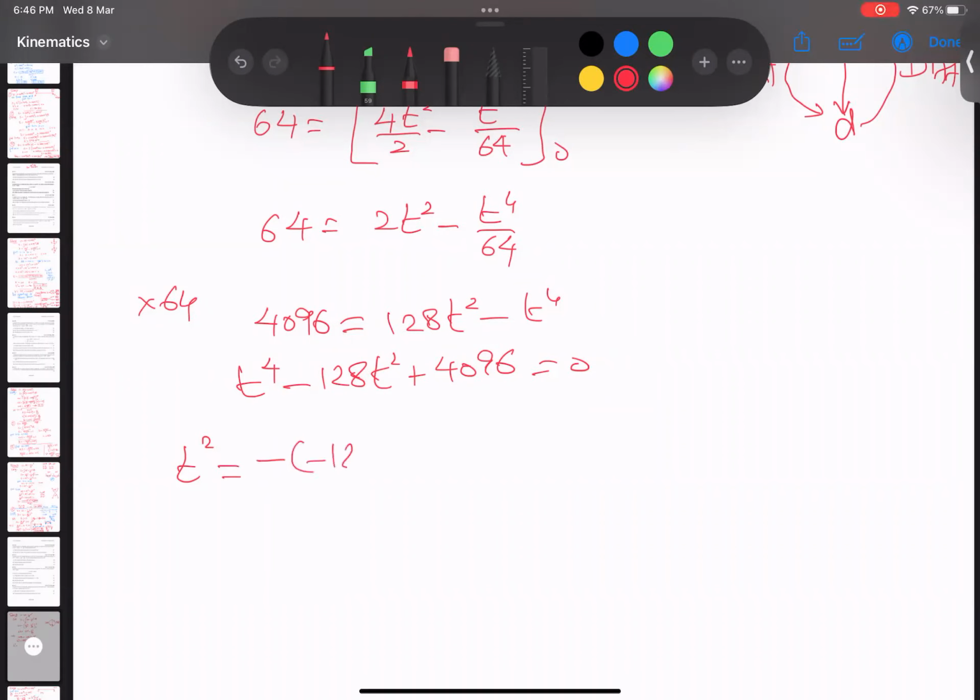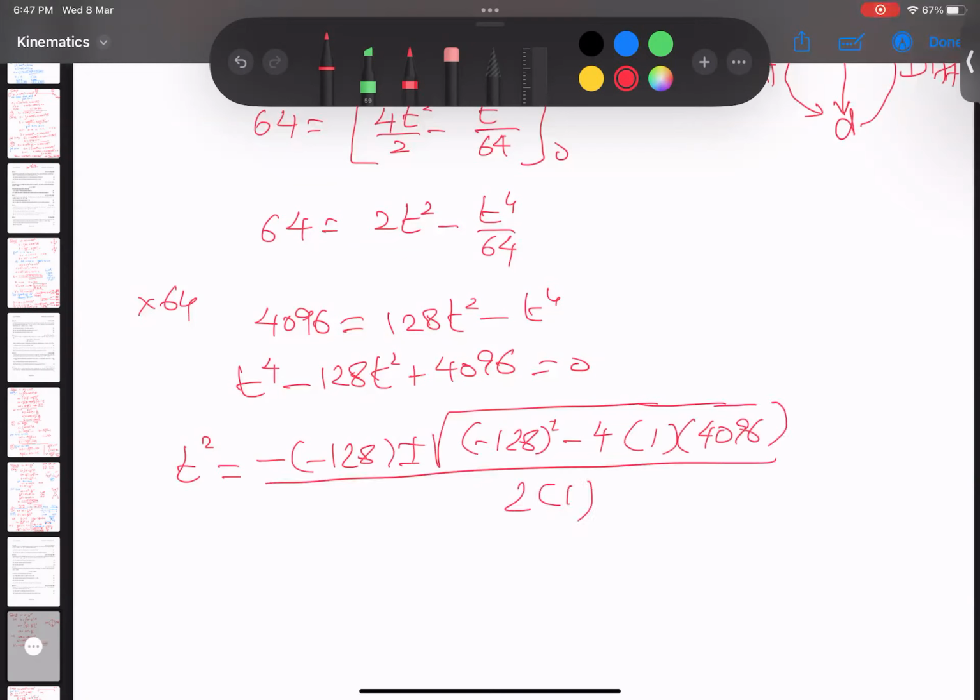Negative b plus and minus the square root of b squared minus 4ac, where c is 4096, over 2a. I will get the answer directly. I'm typing, one minute, please.